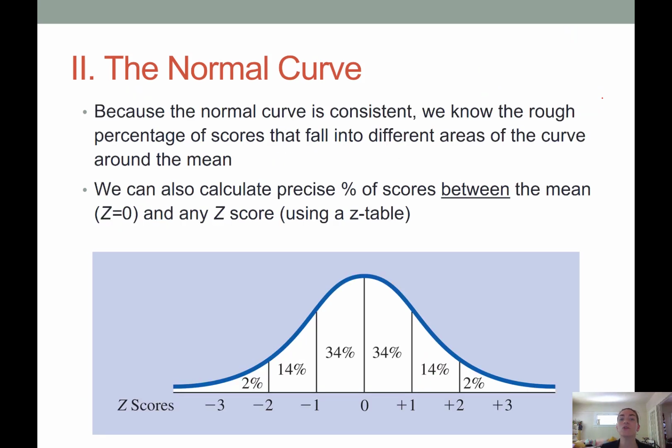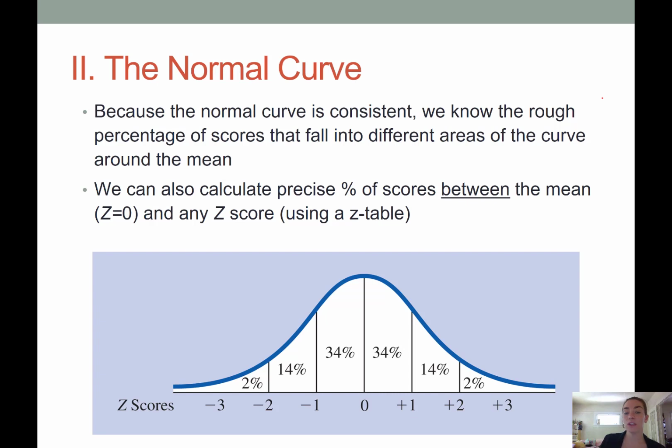So because the normal curve is so consistent, we can actually figure out exactly what proportion of scores fall within different regions of the curve. And this will be really helpful to us. So we can calculate the precise percent of scores that fall between the mean, or a z-score of 0, and 1 standard deviation above the mean, for example.